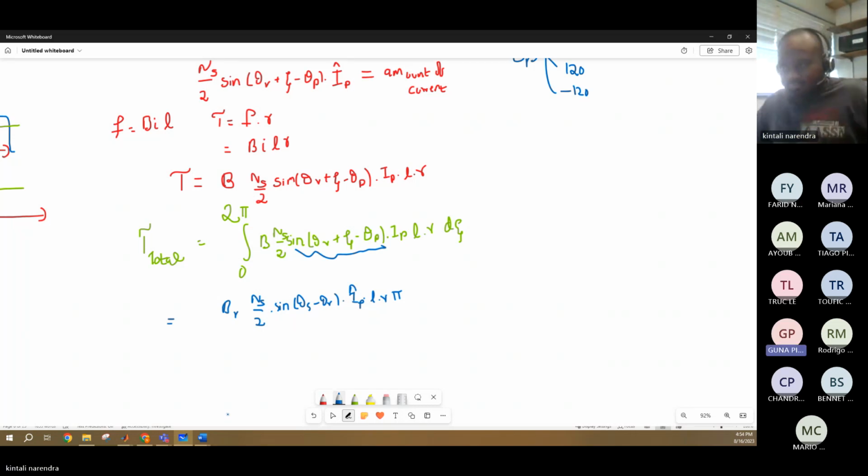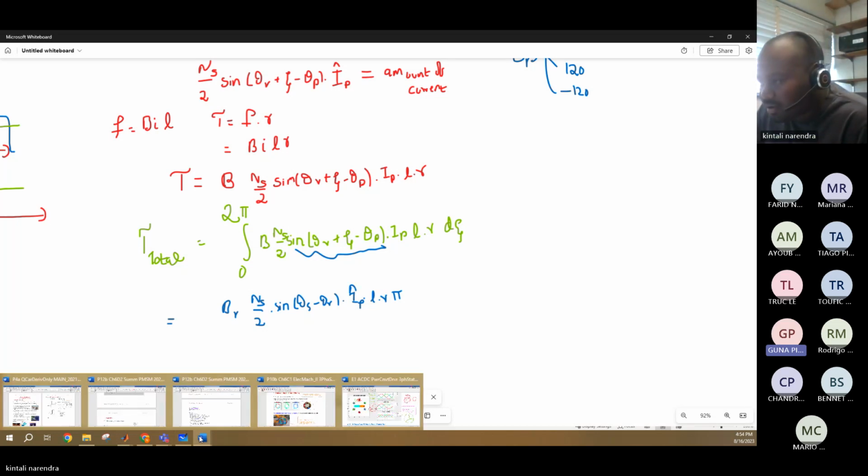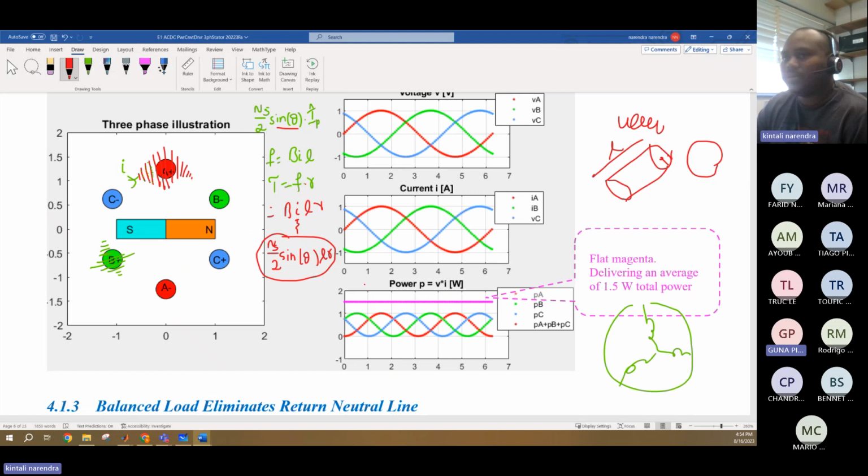So the theta s is the angle of the stator magnetic field, right? But in your integration term, there's no theta s. Theta p is just a phase difference, and it is not the theta s, which is specific to the stator.